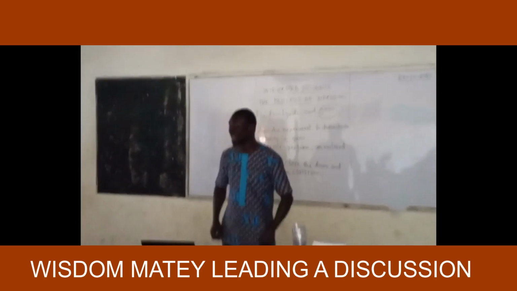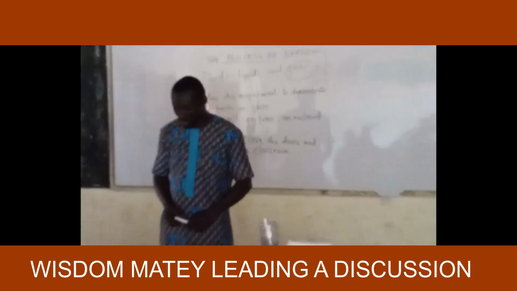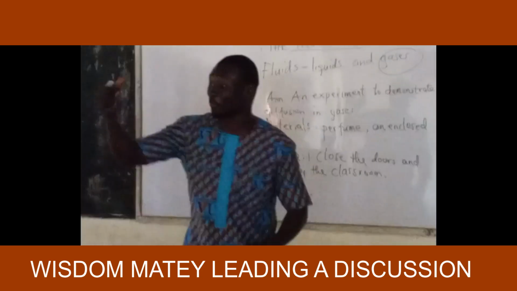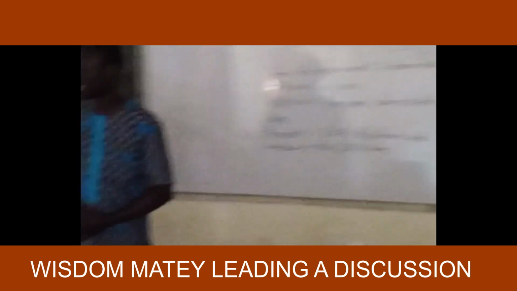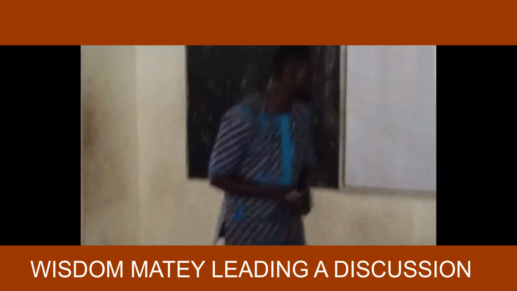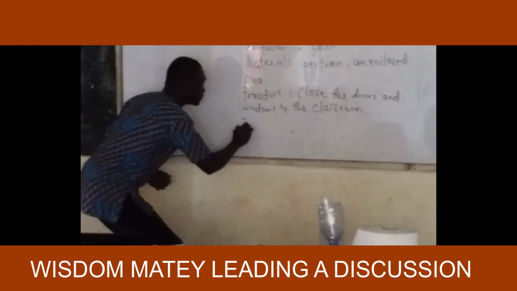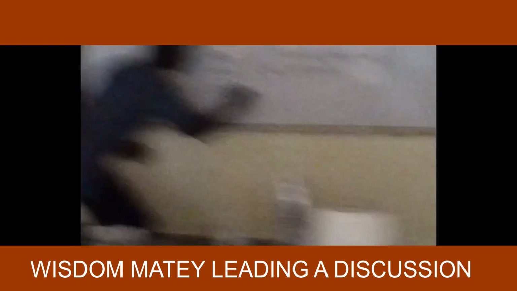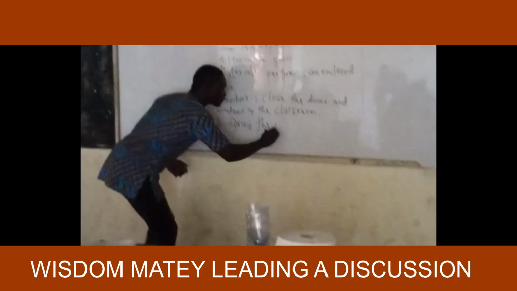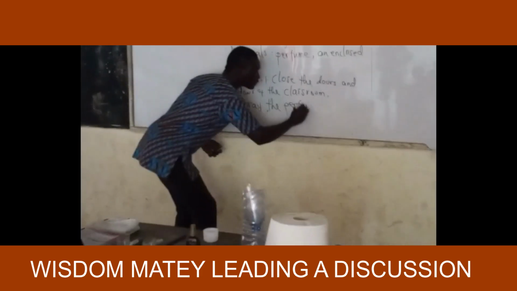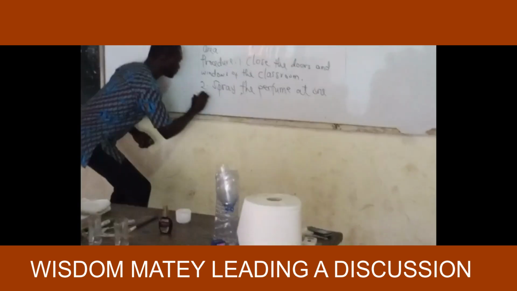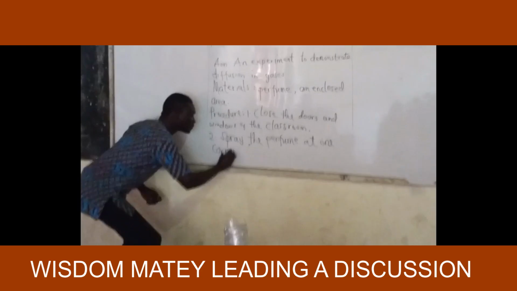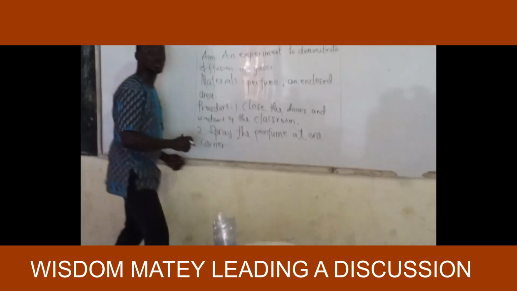Then step two says that you spray the perfume at one corner of the classroom. Now our solar is going to be light.